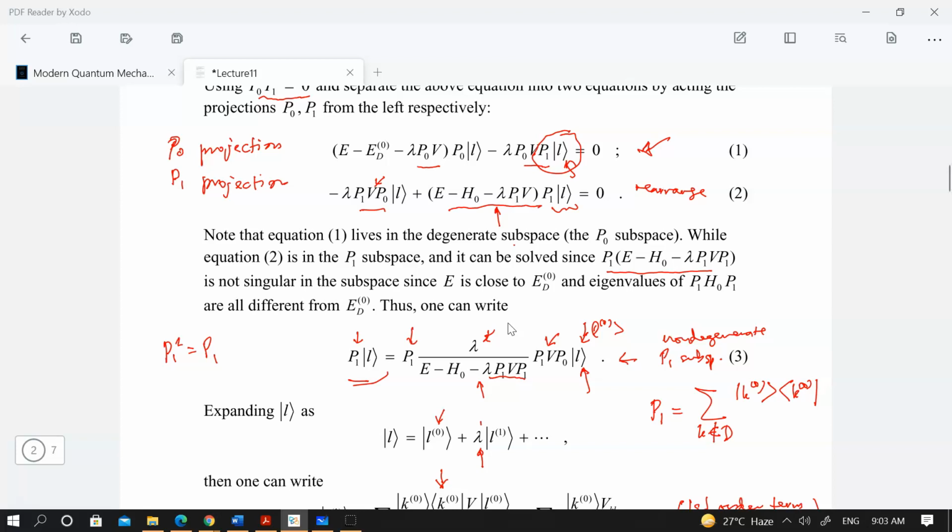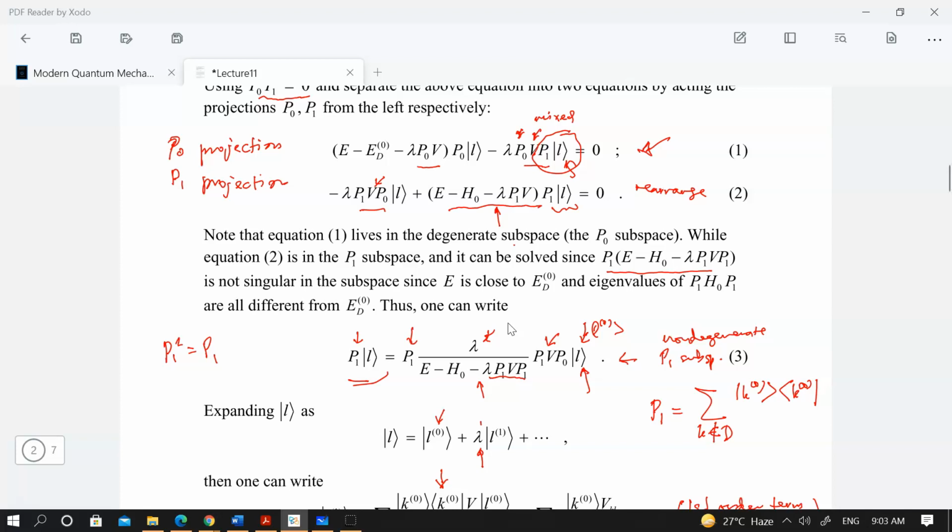Okay, so in other words, we here mix back your terms from the non-degenerate subspace, your P1 subspace, to include terms which involve your P0 subspace. And then what is being done over here ensures that you only pick up those terms which are involving the P0 subspace. Okay, so in that case, that sort of settles that, this is still an equation.